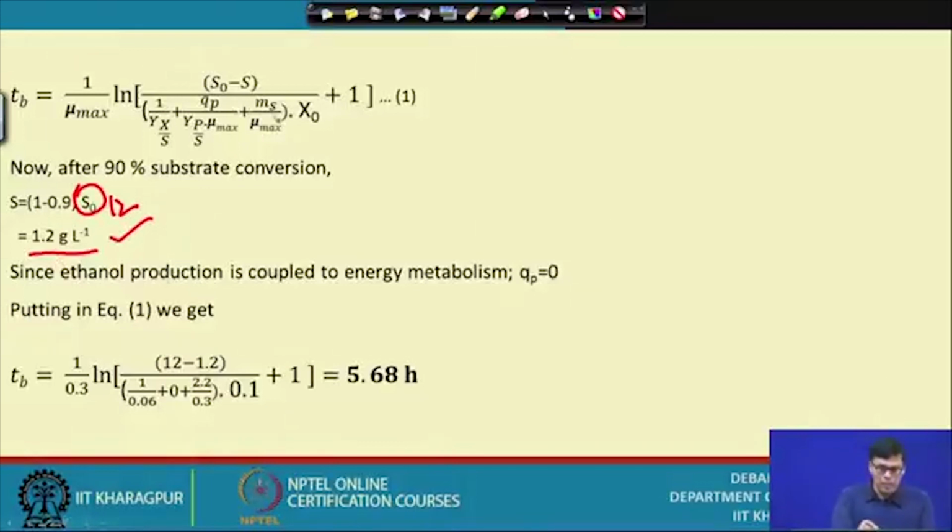And then we put the values, different values are given in this problem, and QP I can assume to be constant.